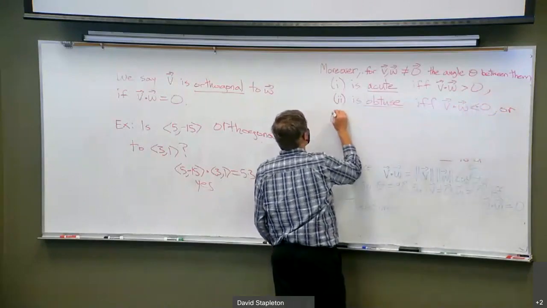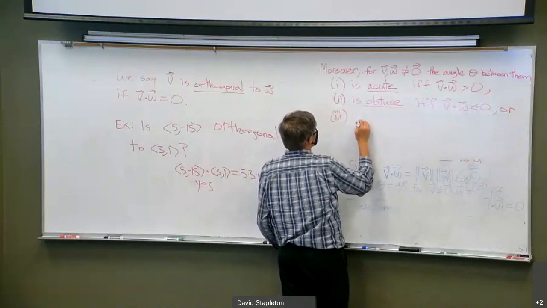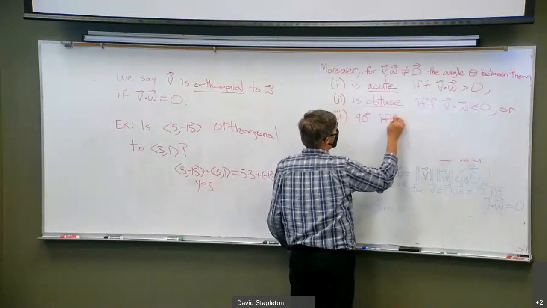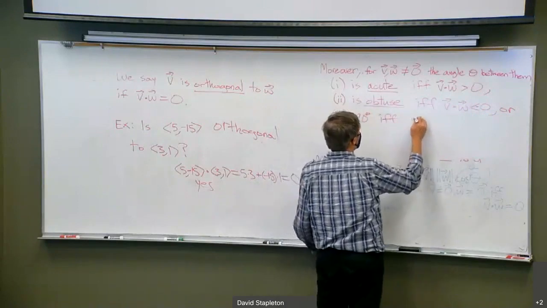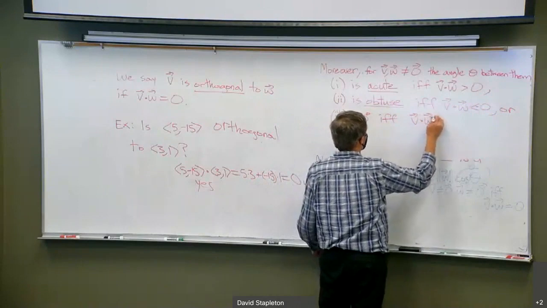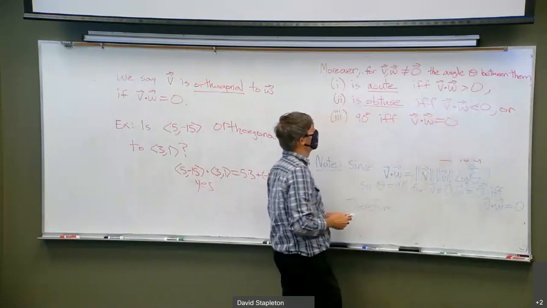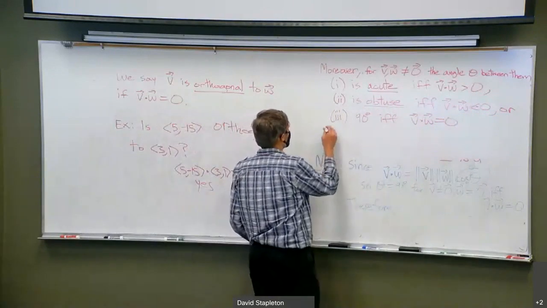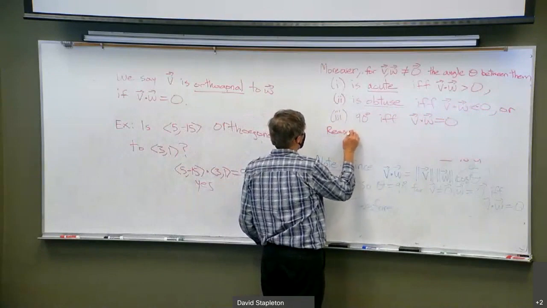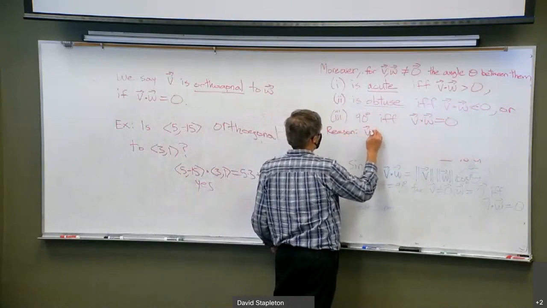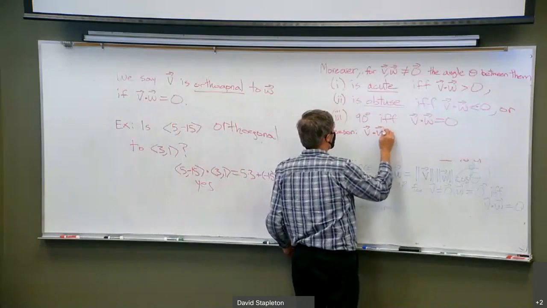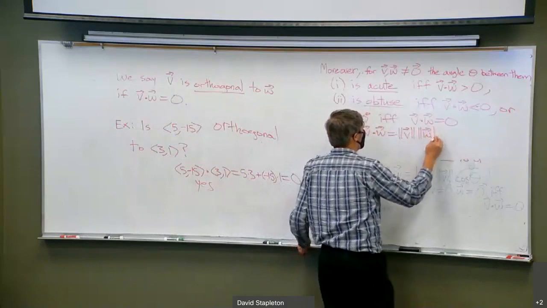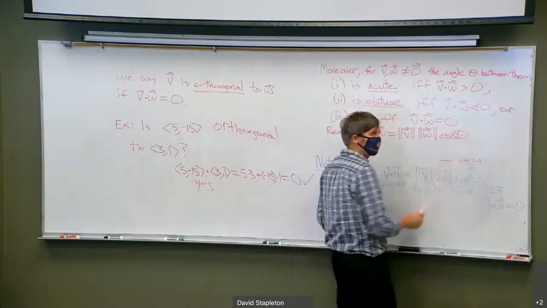Or it's 90 degrees if and only if V dot W equals 0. We already did that, it came out of this. But here's the reason, or the proof. It simply comes out of V dot W being the length of V, times the length of W, times the cosine of the angle between them, right?